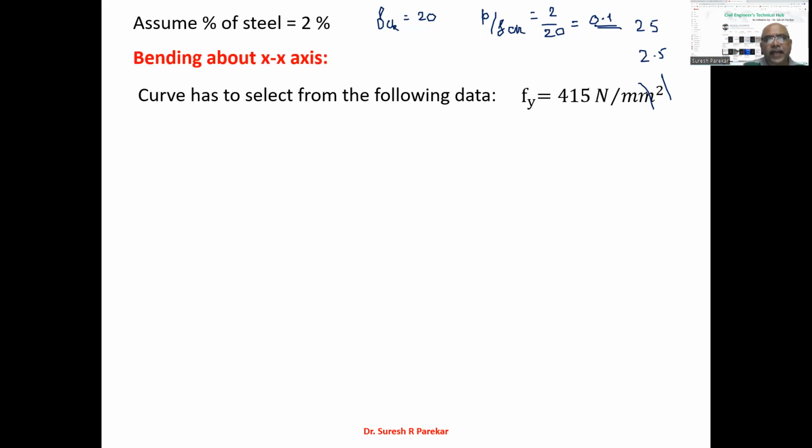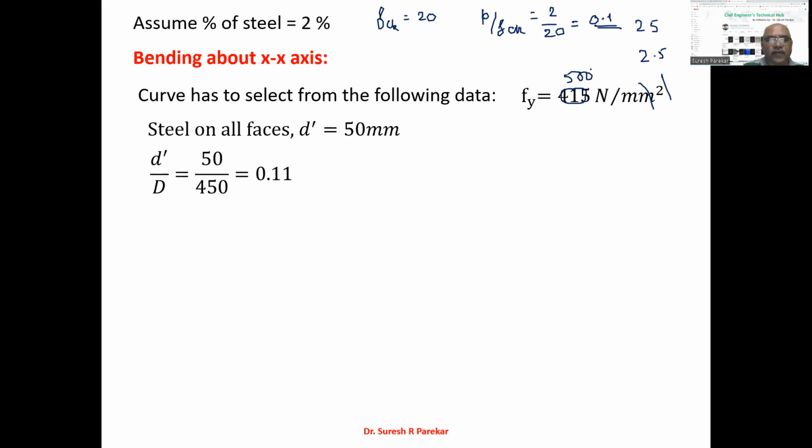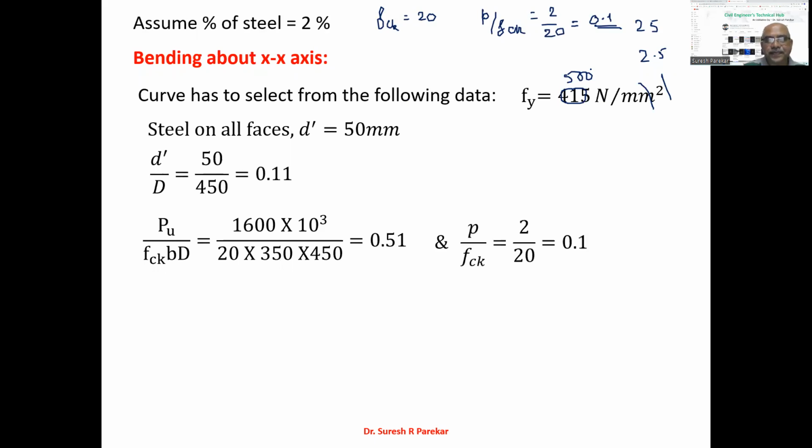Now first we will go bending about x-axis. Fy we have given actually not 415, it is 500 Newton per mm square. D dash we have 50 on all faces, that is given. So now we have 0.11 D dash by D and PU upon FCK BD, it comes 0.51.